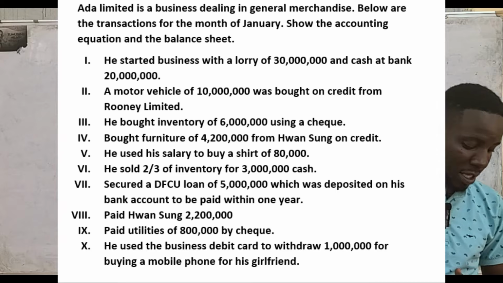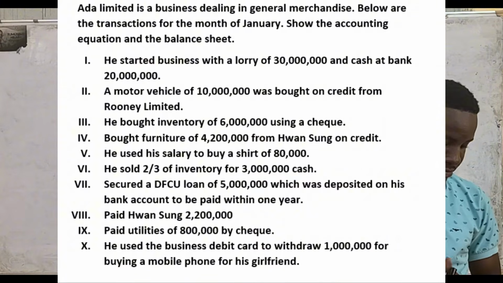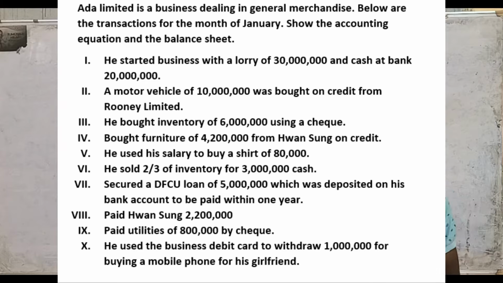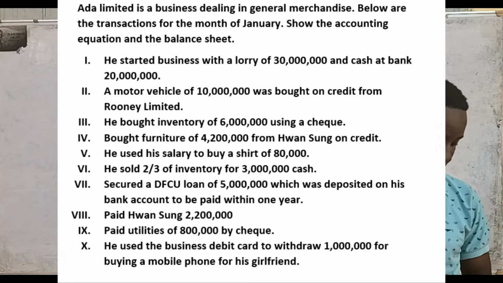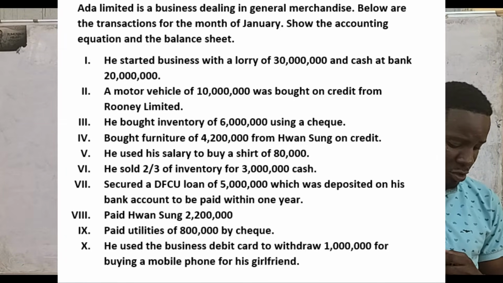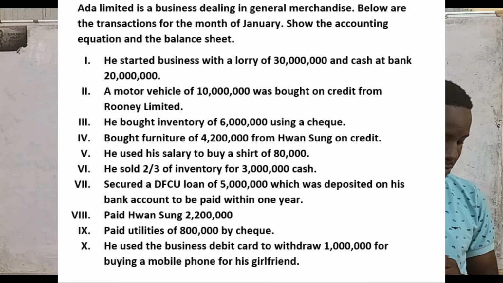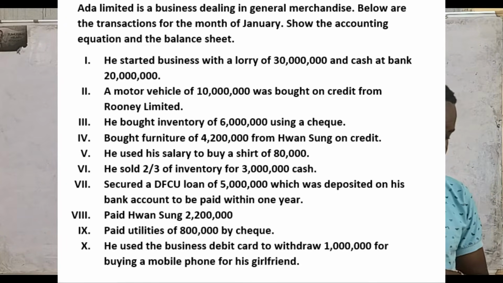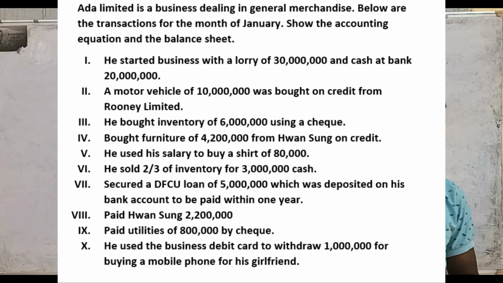Five, he used his salary to buy a shirt of 80,000. Six, he sold 2/3 of inventory for 3 millions cash. Seven, secured the DFCU loan of 5 millions, which was deposited on his bank account, to be paid within 1 year. Eight, paid Juan Sang 2,200,000 cash.